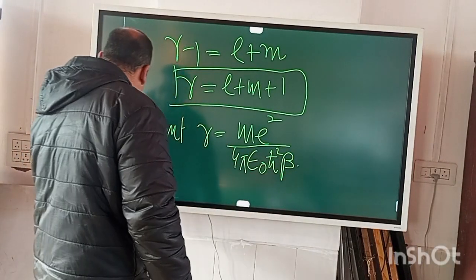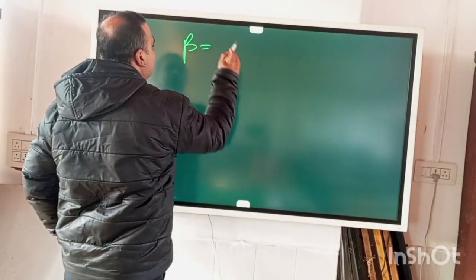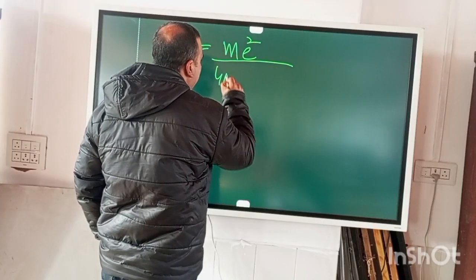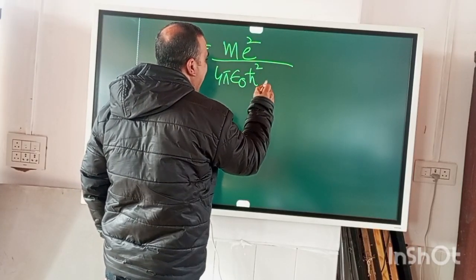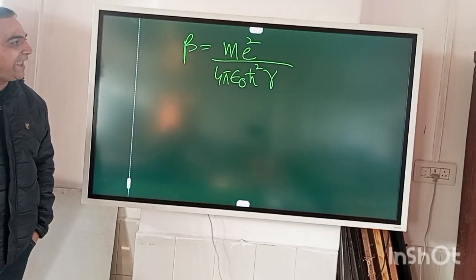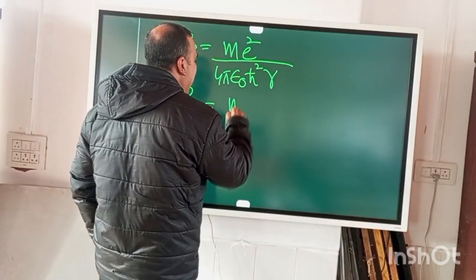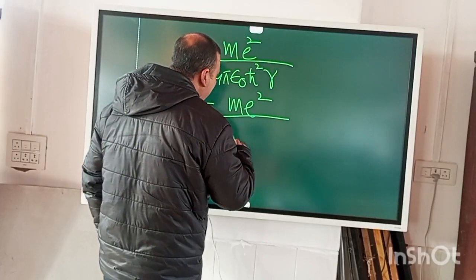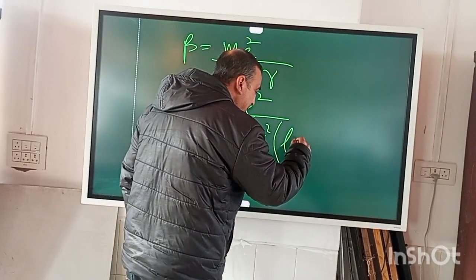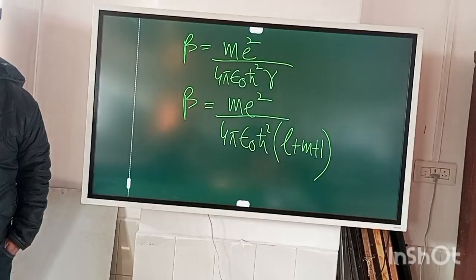If I do that, I will get beta is equal to me squared by 4 pi epsilon naught h bar squared gamma. But what is gamma? Gamma is L plus m plus 1. Fine?